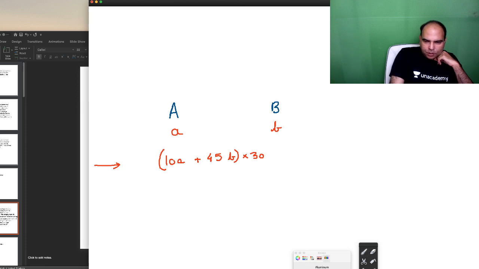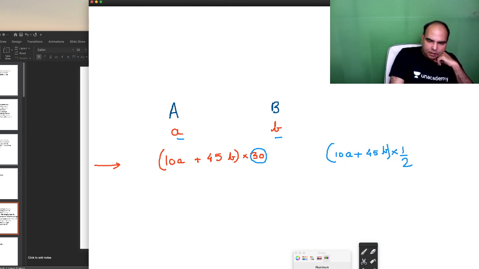And you have an option at this point of shifting the units of A and B to per hour, in which case you could have written 10A plus 45B into half. Now both these options are correct.